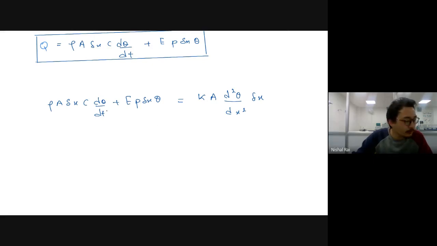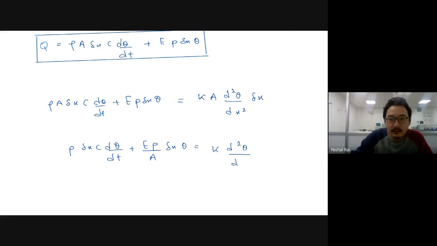Now what you can do is multiply both sides by area. Then it will be ρ δx c ∂θ/∂t plus E P by A δx θ should be equal to K ∂²θ/∂x² times δx. And also you can get rid of these deltas.